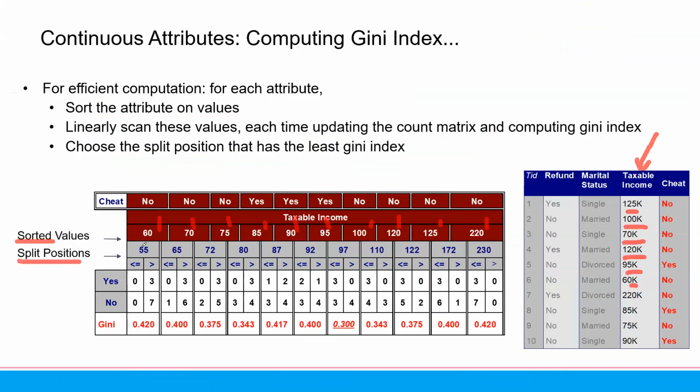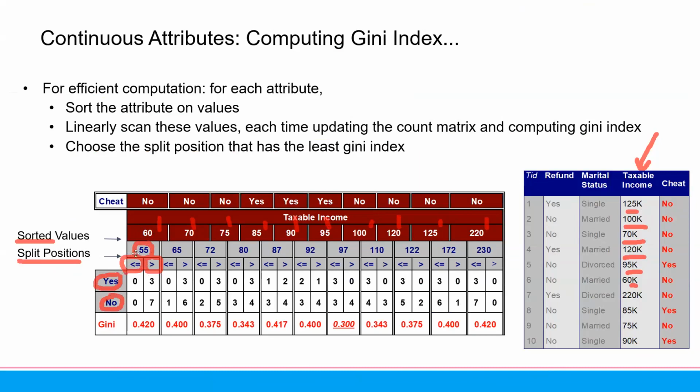Usually the first split position is just a number less than the minimum value. Let's use 55. So at 55, we will check less than or equal and higher. What is the number of yes and what is the number of no?